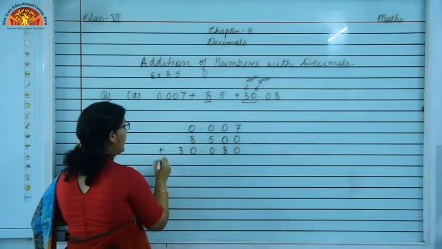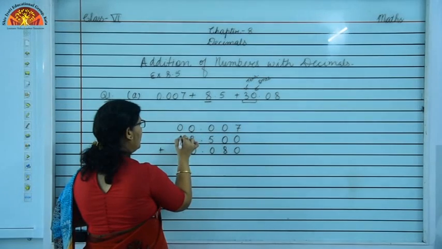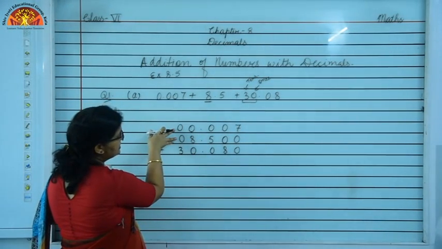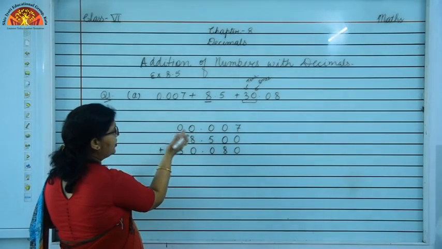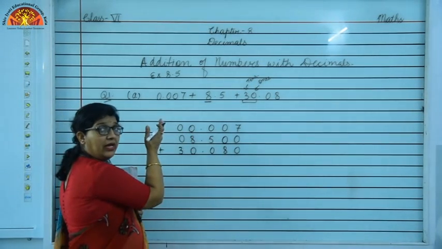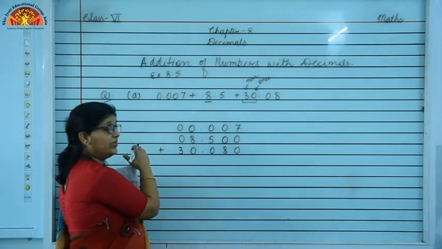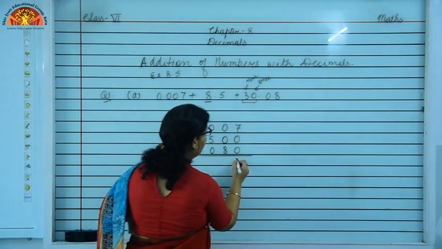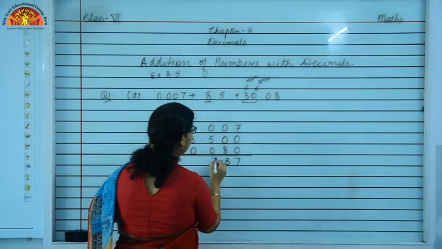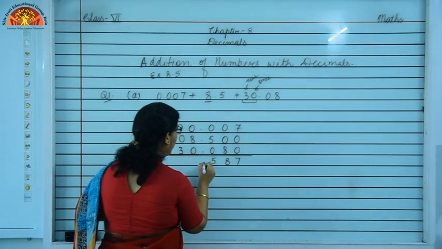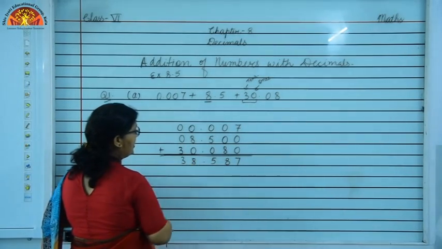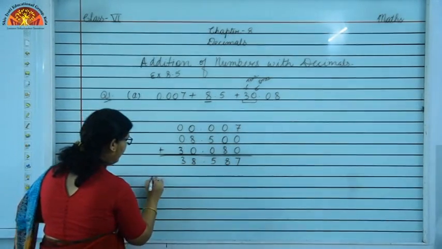Now finally add and we also put 0, 0 here. No value change when we put 0 on the left side in the whole number. Now add finally, this is 7, 8, 5 point, put decimal below decimal, 8 and 3. Understood? So what is the final answer?